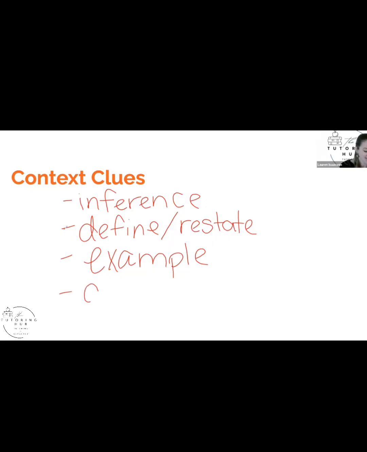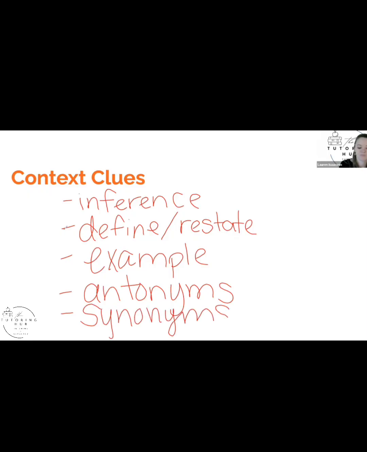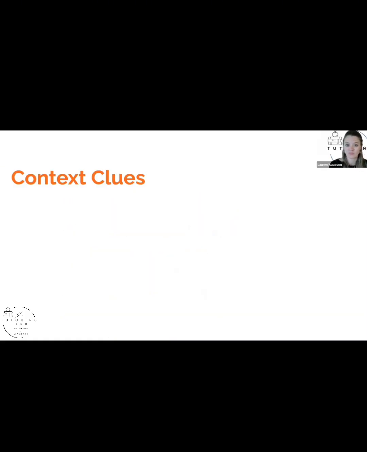Do you know any antonyms or opposites of that word? What about synonyms? Those are all going to help you figure out how to use context clues to find those meanings of unfamiliar words, phrases, or even paragraphs or the entire passage.